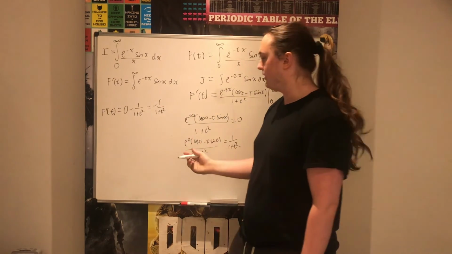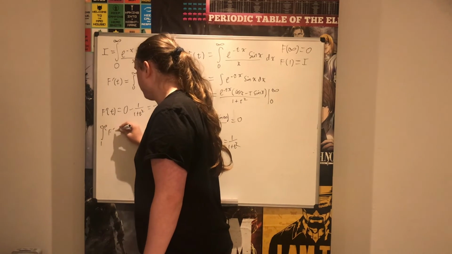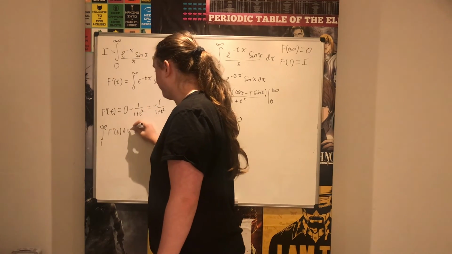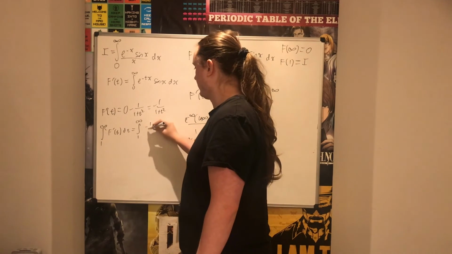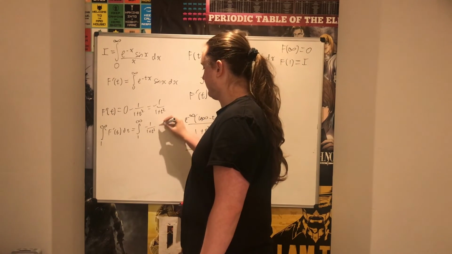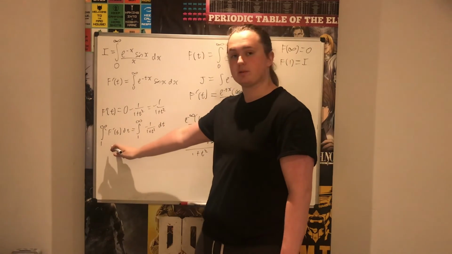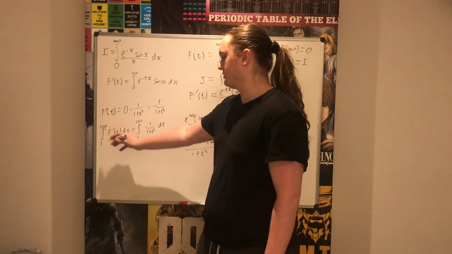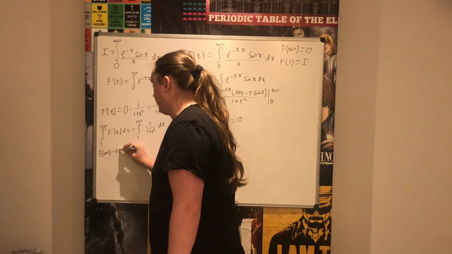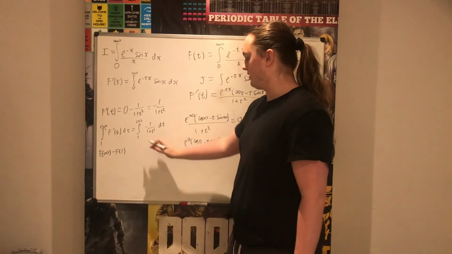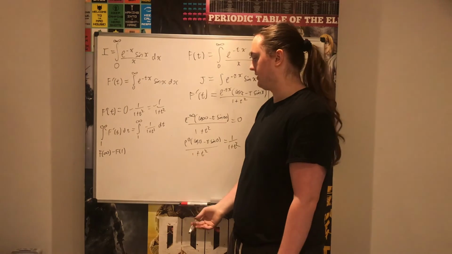So if we now integrate both sides from 1 to infinity, we use the fundamental theorem of calculus to show that this is the same as f of infinity minus f of 1. And on this side, we know that the integral of 1 over 1 plus t squared is arctan of t.